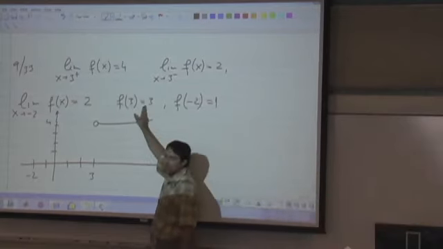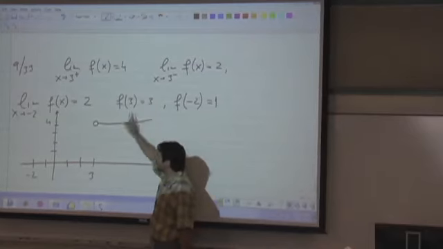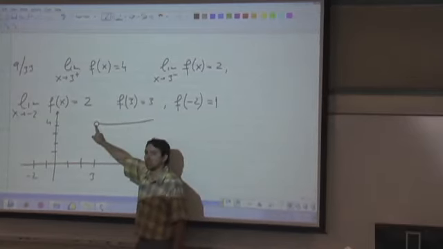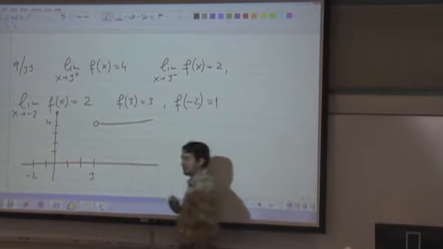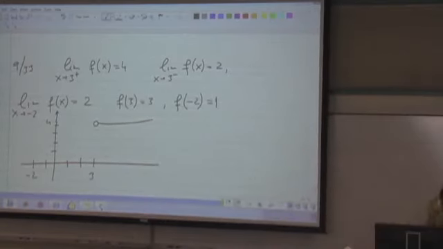F of 3 is actually equal to 3. If f of 3 was 4, this would be full. Yeah, you're right. Going to 3 minus, I end up with 2. So that goes that way. And the value of the function at 3 is equal to 3. Does this make sense?